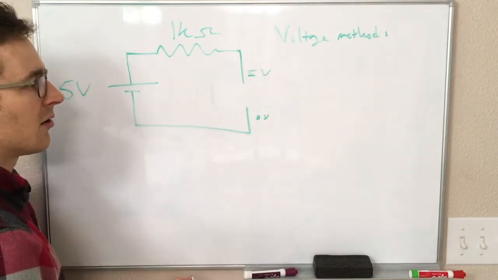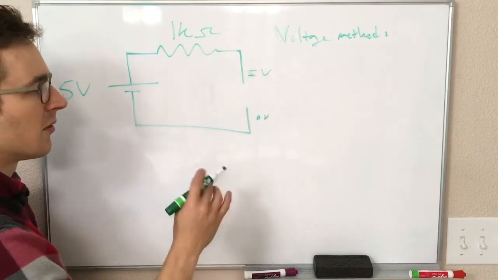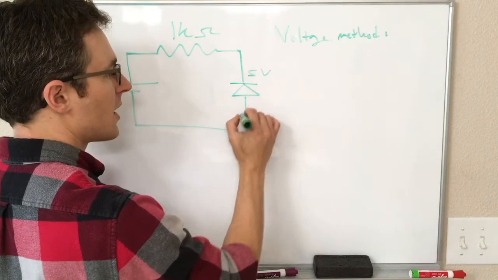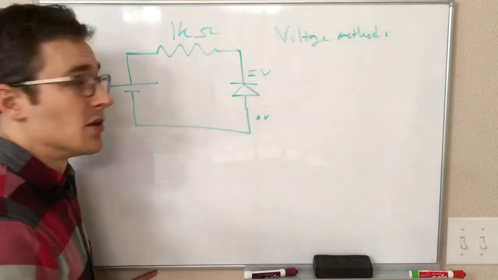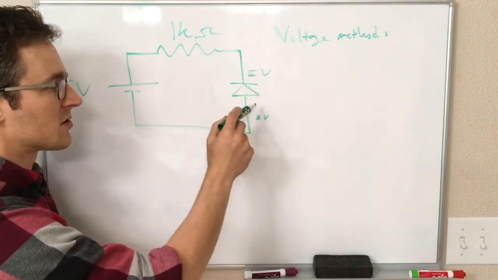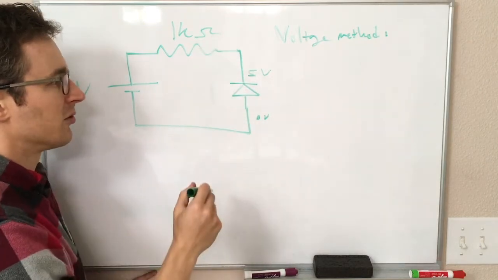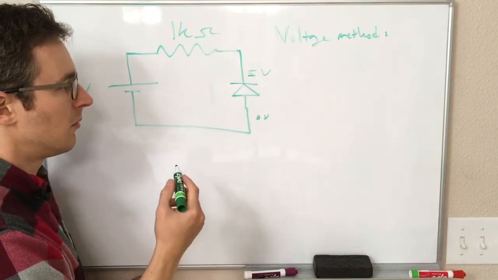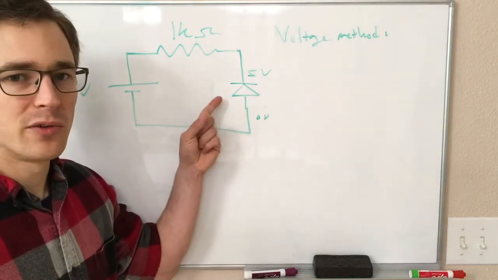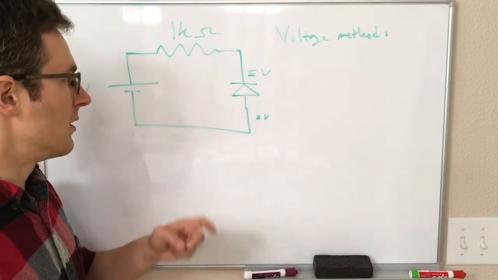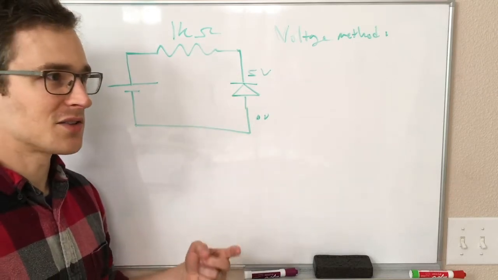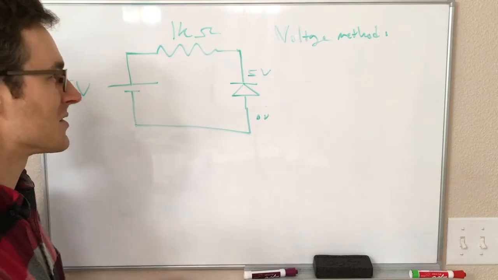That means in this hypothetical situation we have 5 volts across our diode, but that's in the opposite direction, right? So if we had something that looked like this, we would not be able to have current flowing through our diode, and indeed our diode is off. So we assume that our diode is off, and then we check to see if that assumption makes sense. And in this case, yes, it does. If the diode is off, it is still reverse biased, and so it's consistent that the diode is off.